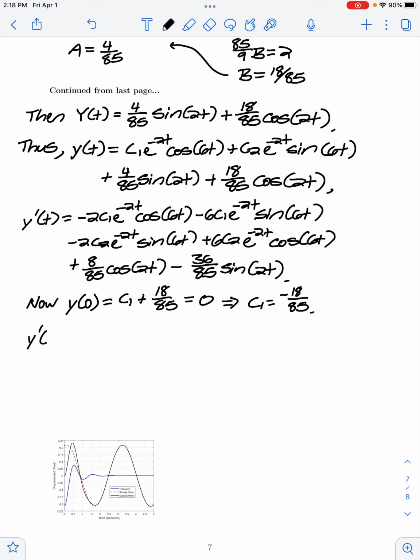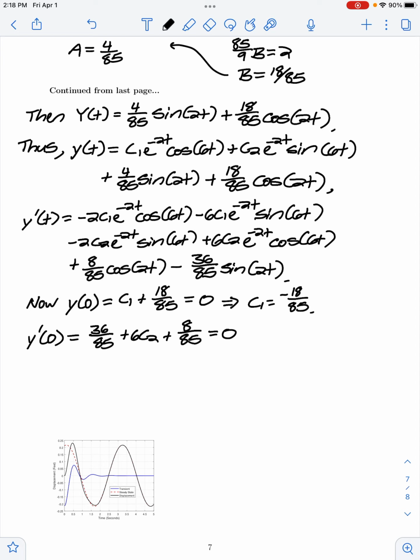And now substituting 0 into the derivative of our general solution, we are left with negative 2c1, which would be a positive 36 over 85, plus 6c2, plus an 8 over 85, which had to equal 0.